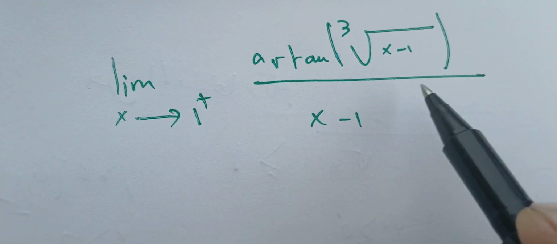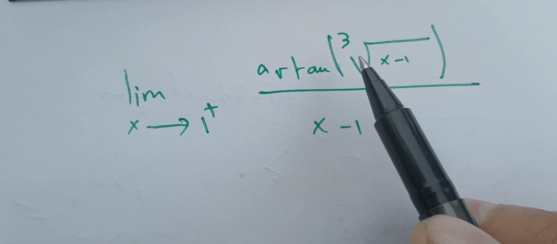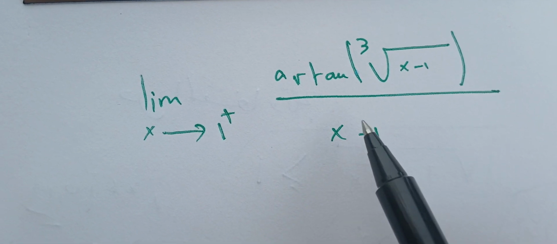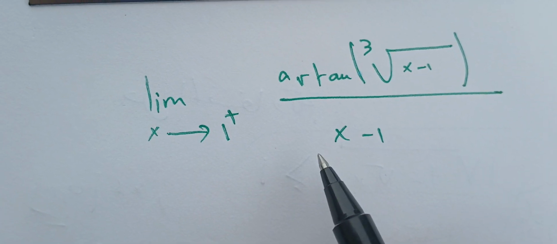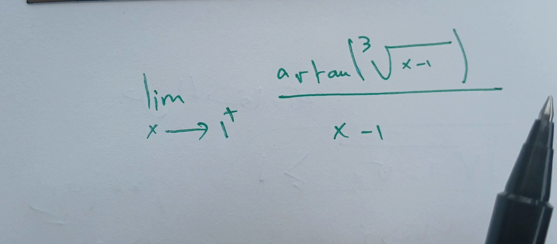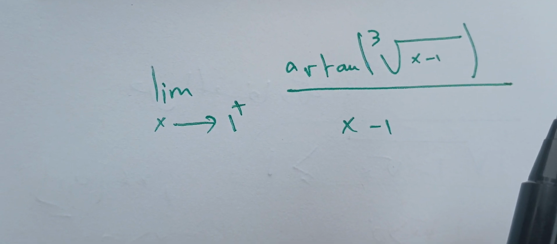In this video, we're going to try to compute the following limit: the arctangent of the cubed root of x minus 1, everything over x minus 1, when x goes to 1 from the right. Here we can do two ways to solve this question.